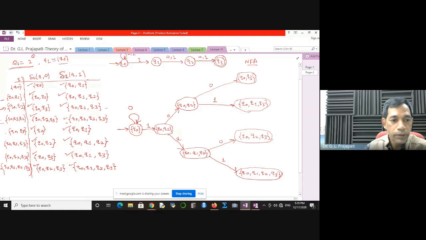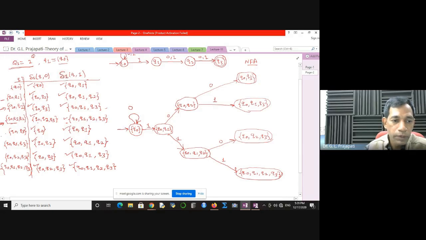Now you have seen that if you are at state Q0 Q1 Q2, for the input 0 you are going to the state Q0 Q2 Q3, for the input 1 you are going to the state Q0 Q1 Q2 and Q3.